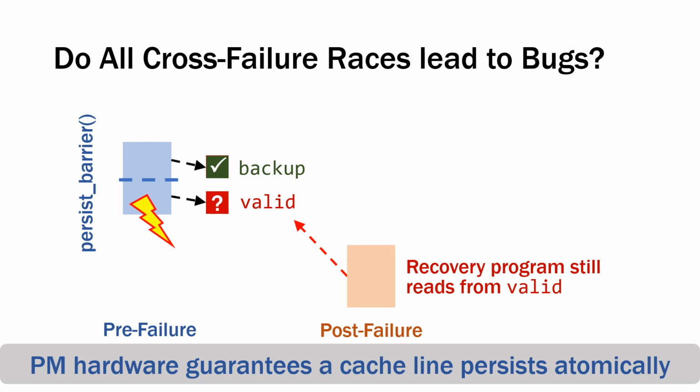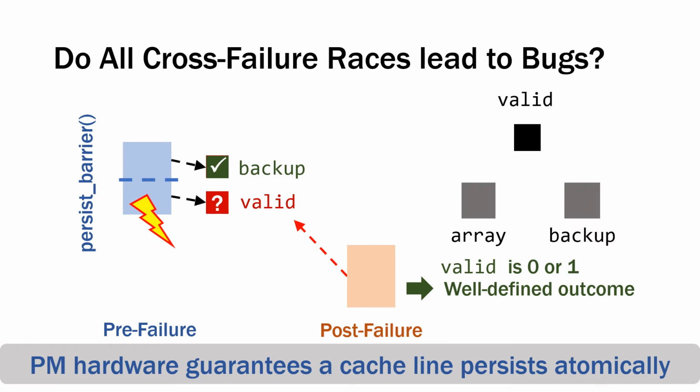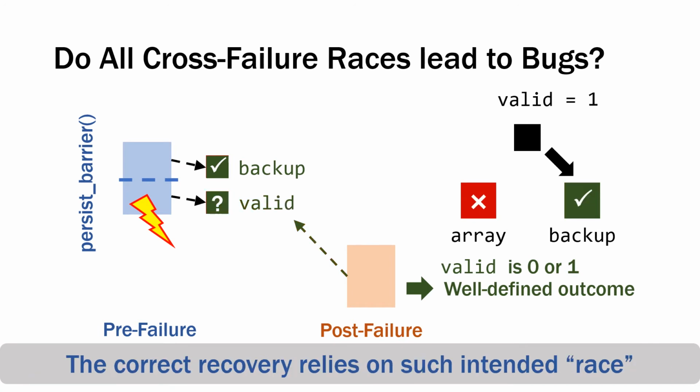Because the valid is only an integer or a boolean, it is guaranteed to be persisted atomically. So the valid can either be 0 or 1, and all the outcomes are well defined. If the value is 0, then the program can use the array as a consistent copy. If the value is 1, the program just rolls back with a backup. So the correct execution actually relies on such an intended race, and this behavior is correct.